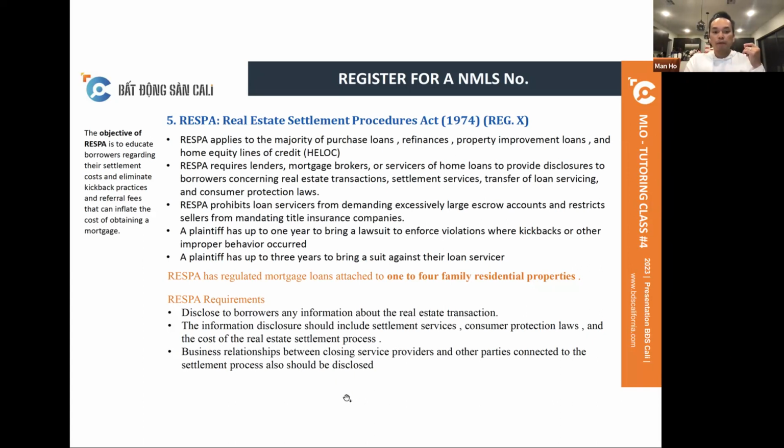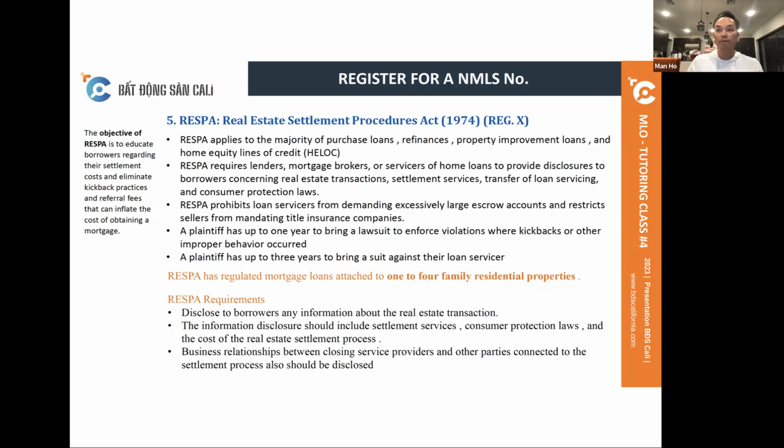Business relationships between closing service providers and other parties connected to the settlement process should also be disclosed. Meaning that if the escrow company works with another company that helps in this, they need to disclose, hey, I am affiliated with this company.